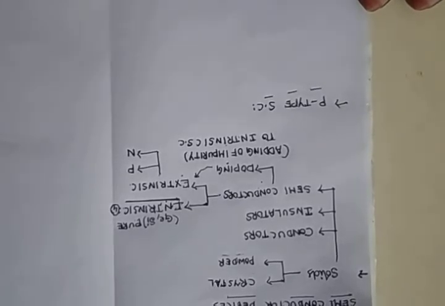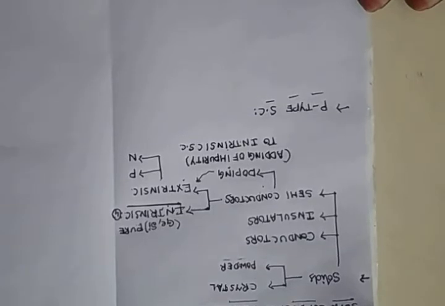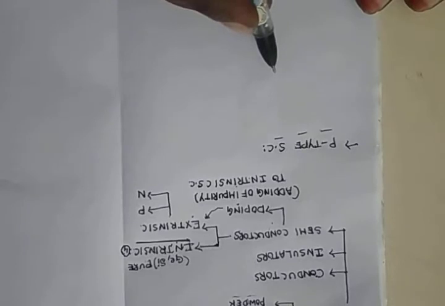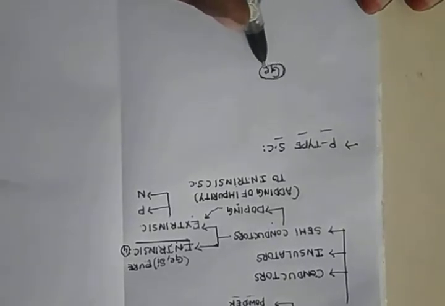To get the P-type semiconductor, what should we do? For that, let us consider germanium. This germanium will have 4 valency electrons in the outermost orbit.